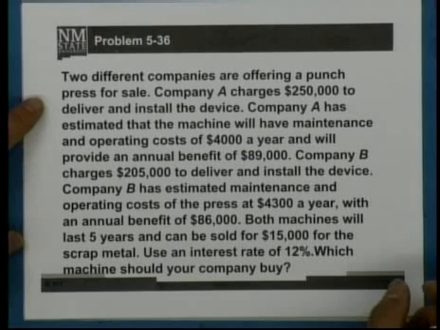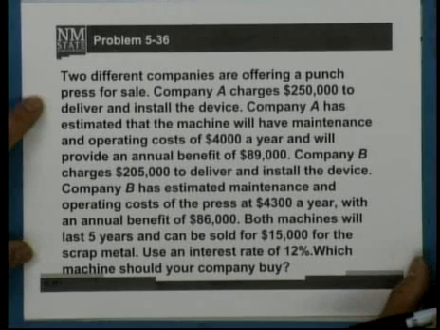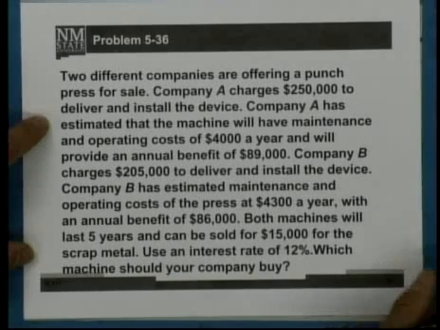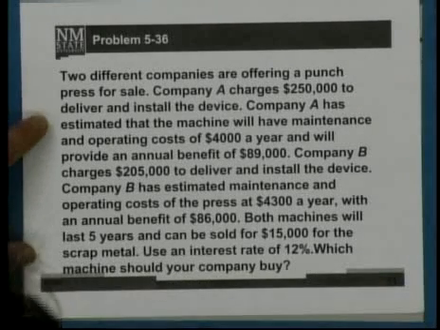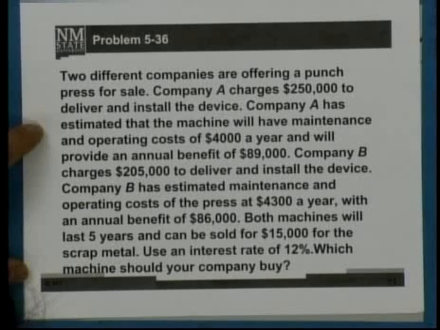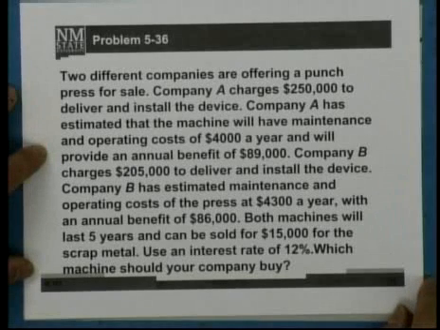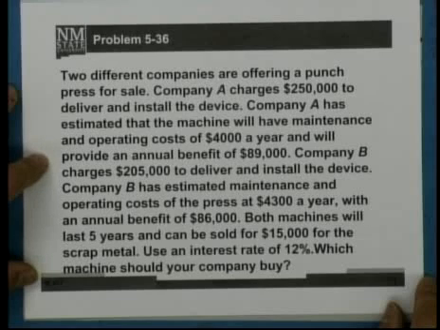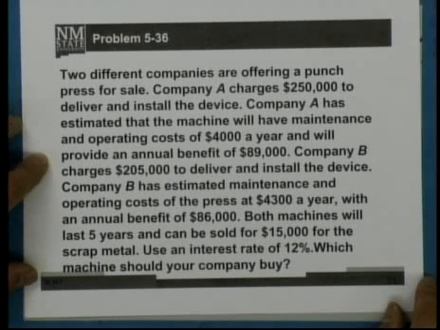Company A charges $250,000 to deliver and install the device. Company A has estimated that the machine will have maintenance and operating costs of $4,000 a year and will provide an annual benefit of $89,000.